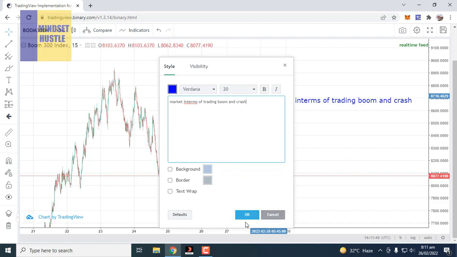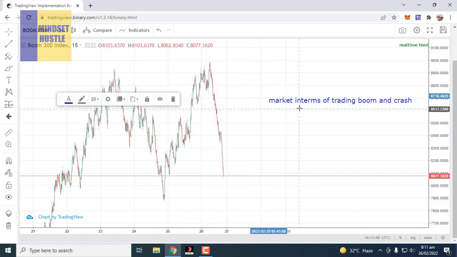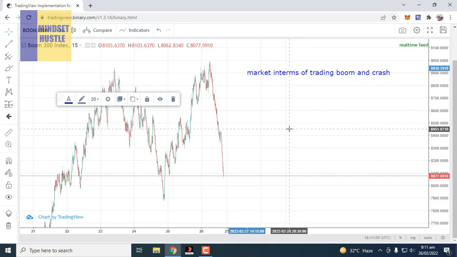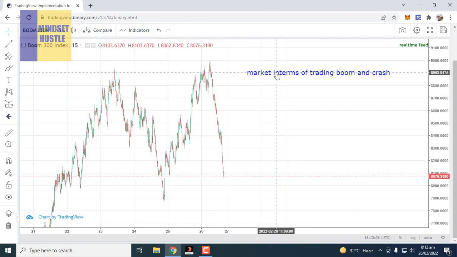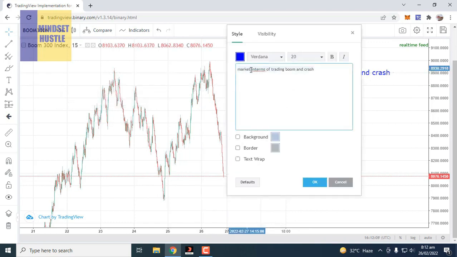So when we trade boom and crash, how should we look at the market? One of the most important things that a lot of people don't take into consideration when trading in general is structure. Market structure.